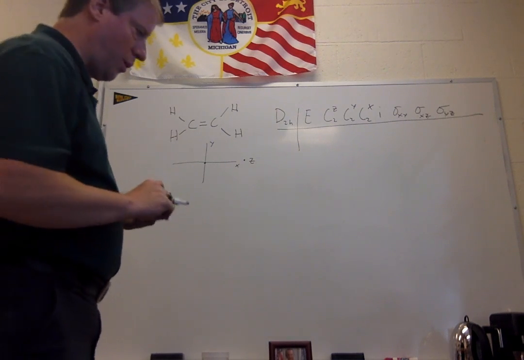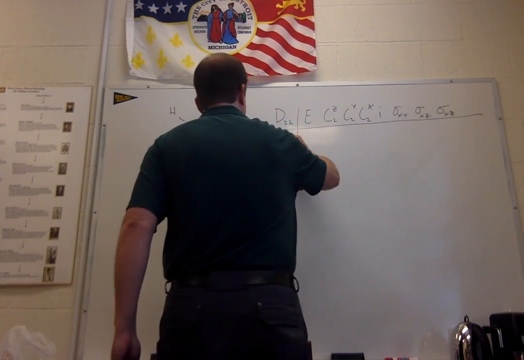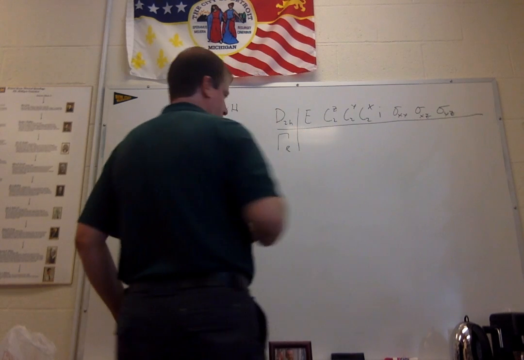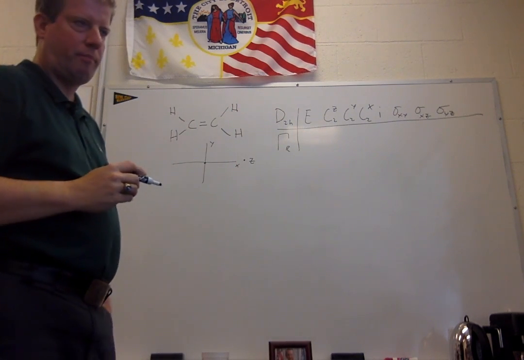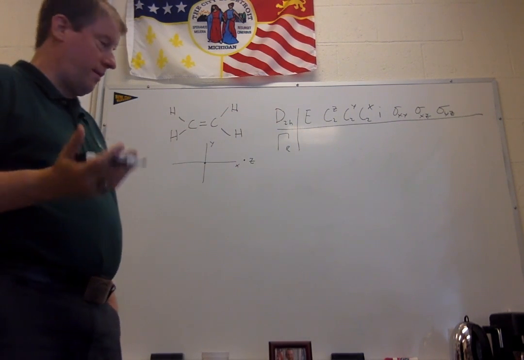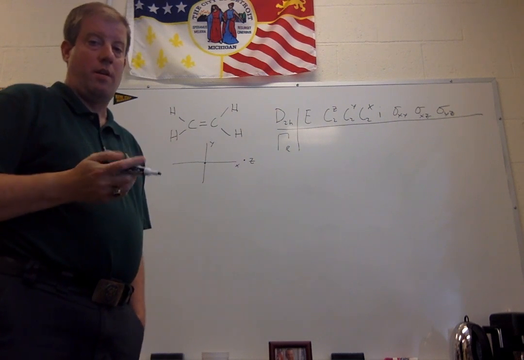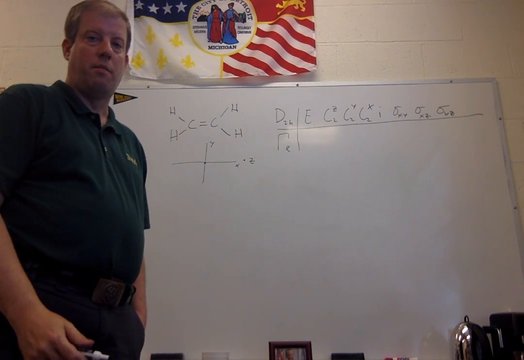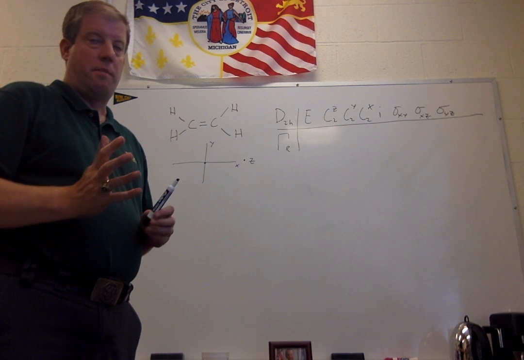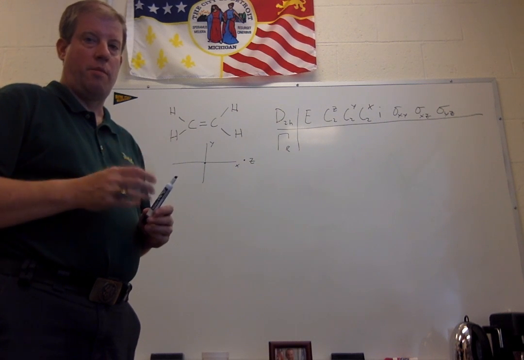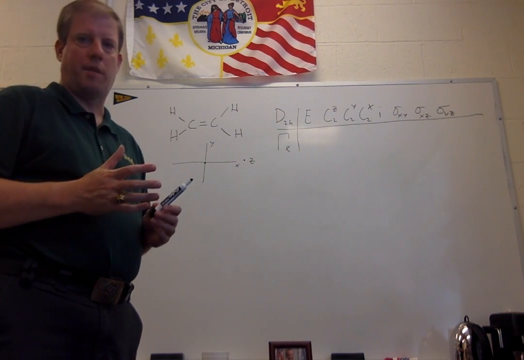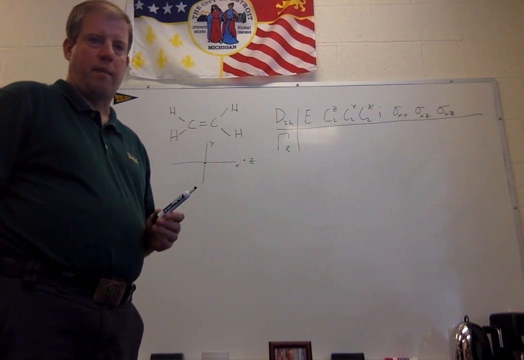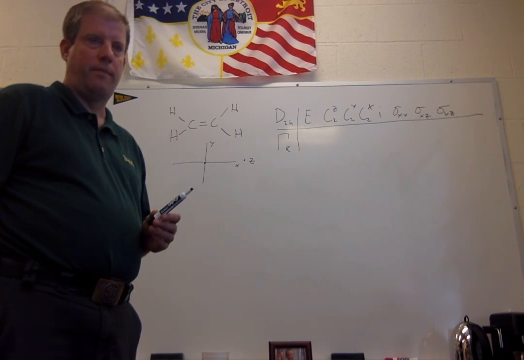Okay, so what we're going to do next is generate a gamma reducible. This is almost exactly the same thing as we did for the vibrational analysis before. The difference here being we're considering not the number of unmoved stretching vectors, like for a carbonyl or whatever, but the number of unmoved atoms in the molecule.